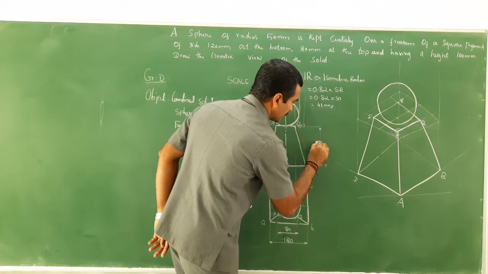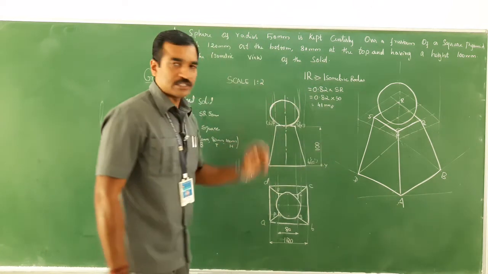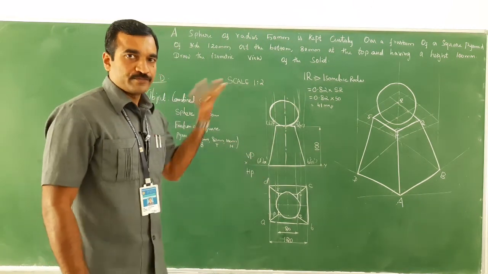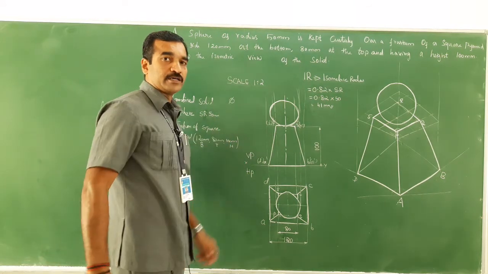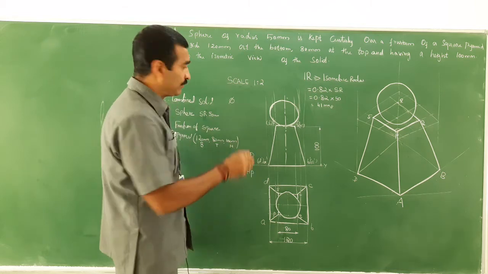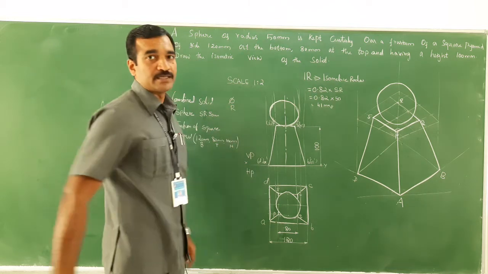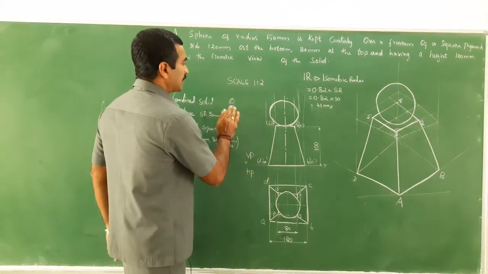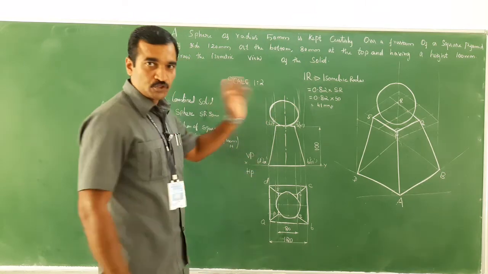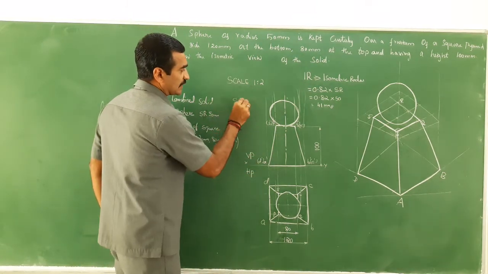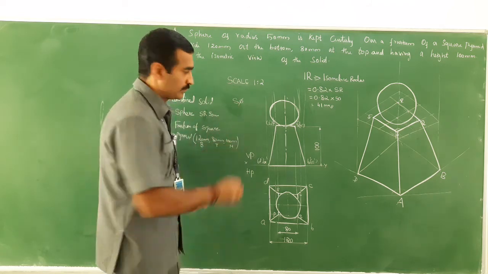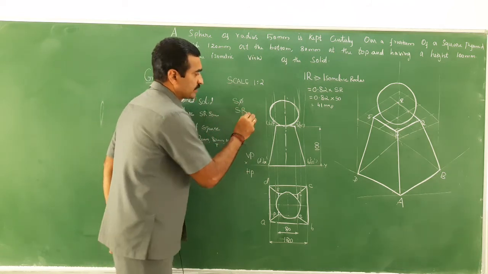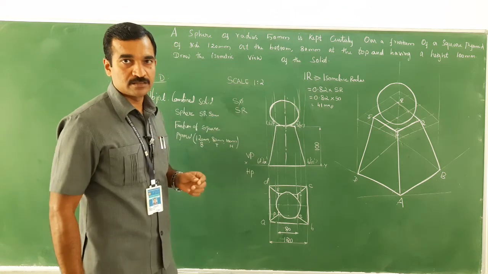What about the sphere? For a circle, we mention phi for the diameter and R for the radius. When it comes to a sphere, you have to mention S phi, which is nothing but the sphere diameter. SR means sphere radius.